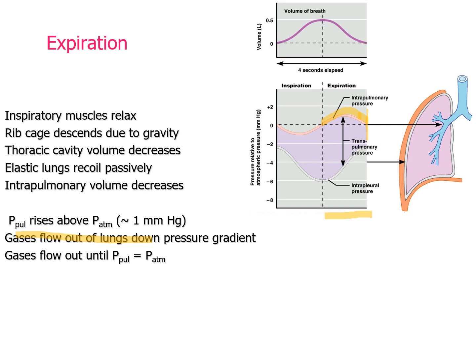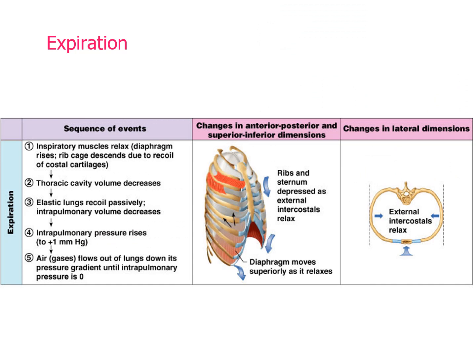I haven't talked too much about the pressure in the intrapleural space, but it's always below the pulmonary pressure, and that's what helps keep the lungs pressed up against the wall. Remember, expiration is really a passive process, whereas inhalation is the active process.